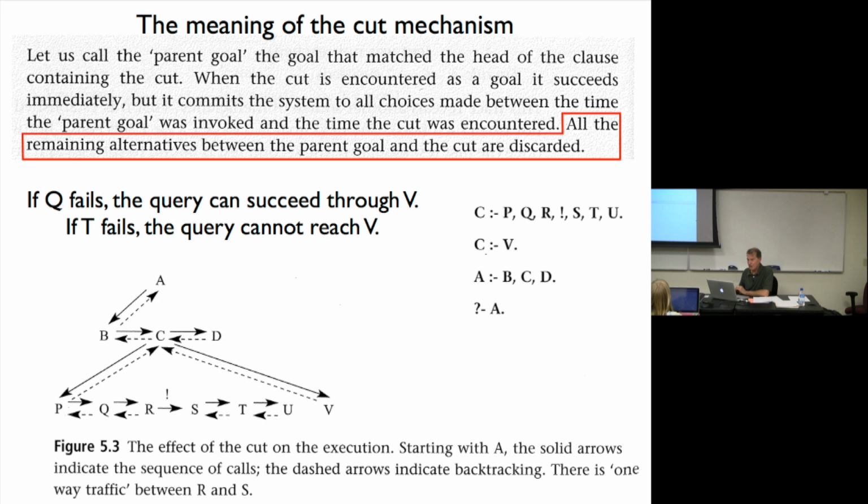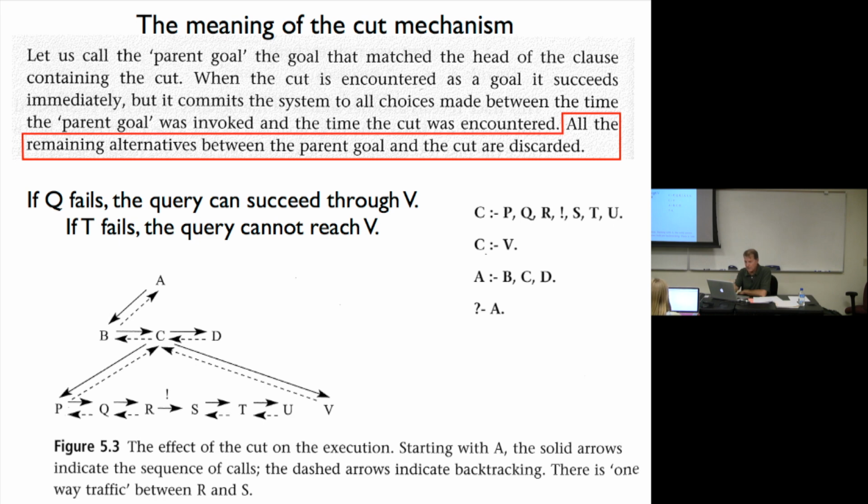Are you with me on that? See, it's kind of like this. Let's go back to this slide. On this slide it says, if Q fails, the query can succeed through V. Anyway, let's just read this.